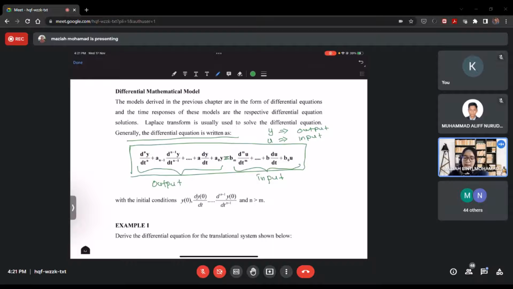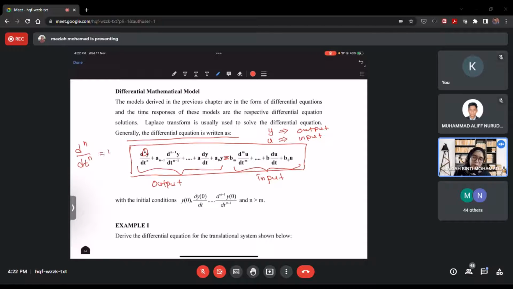Other than that, we also arrange the equation based on order, meaning for the output part, the highest order will be the first term. For example, you may notice d^n y over dt^n.